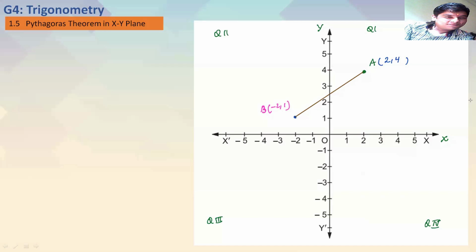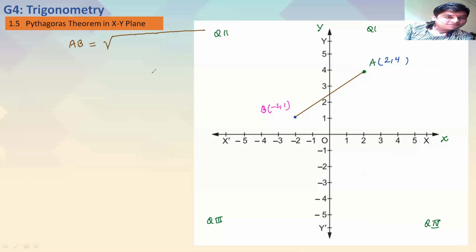Look at this. We have a rule, we have a formula. AB is the distance between A and B. This formula is the Pythagorean theorem only. I will tell you how it is derived in a short while.